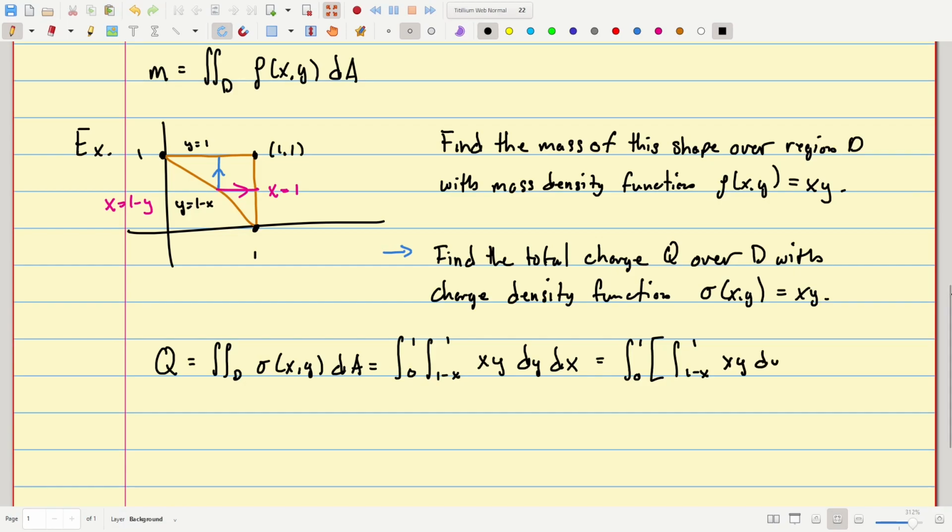I have to fight my very strong instinct to skip steps here, but it's bad for me to do that. So we rewrite things as an iterated integral so it's clear how everything is separated. Now we can do the interior integral. x is a constant.